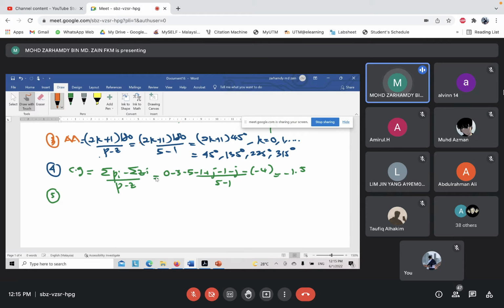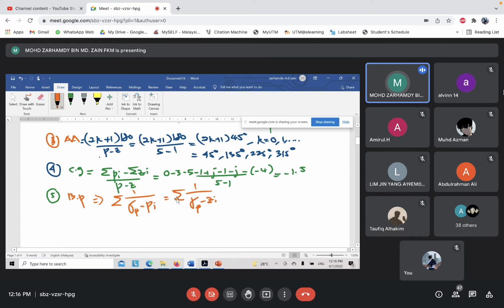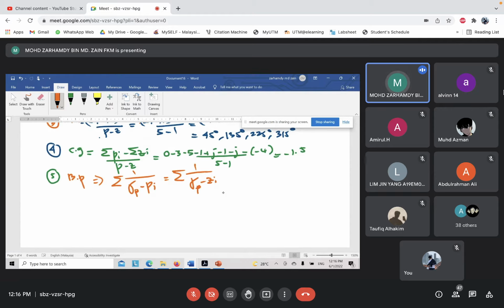Okay, so now from here we need to define the breakpoint. So for our breakpoint, we have the formula. We have summation of 1 over alpha b, you can also use p, as you like, tak ada masalah. So we have summation of 1 over p point and zi. So this is the value of poles, this is the value of zeros. So now what we can do, we need to do by mathematics.